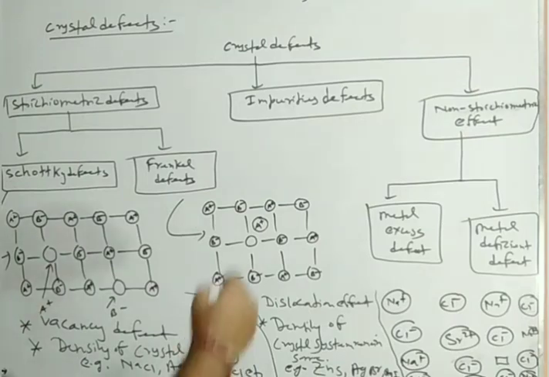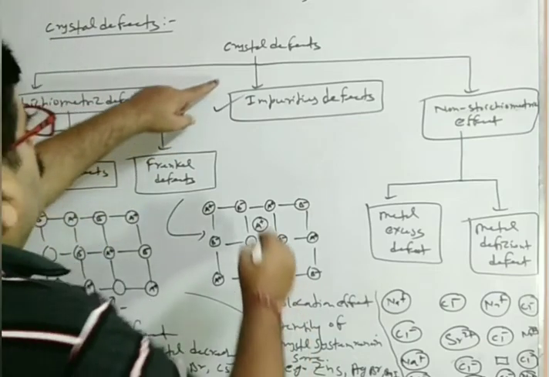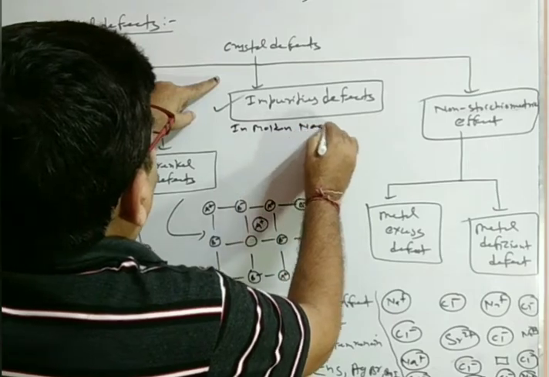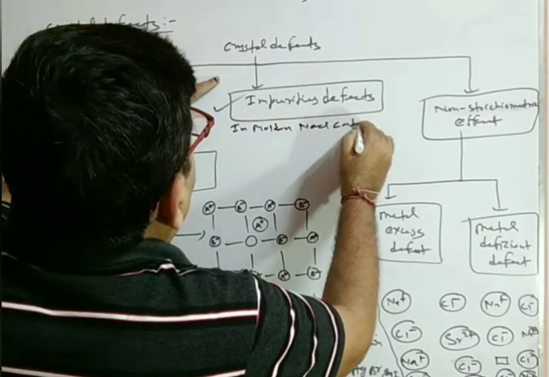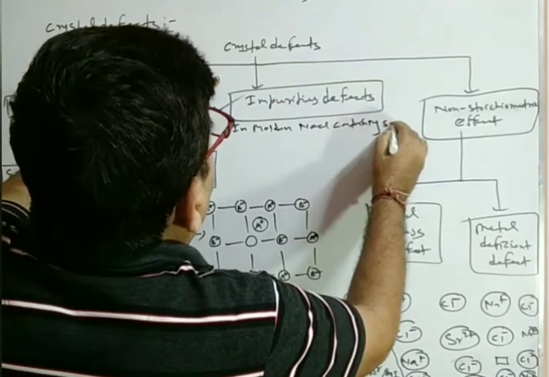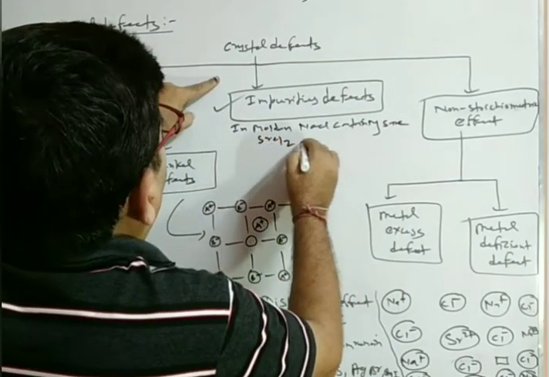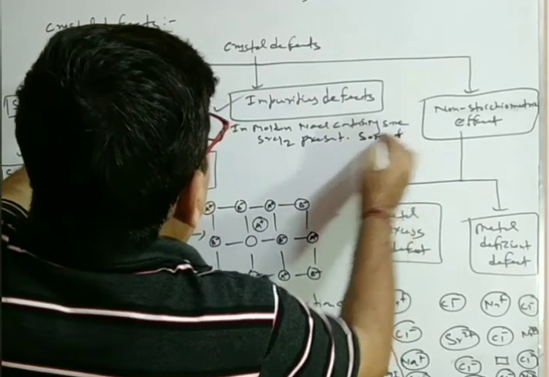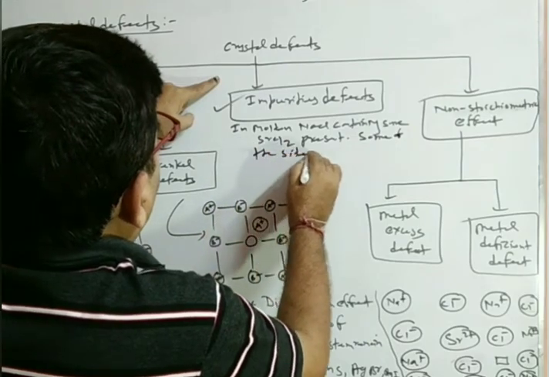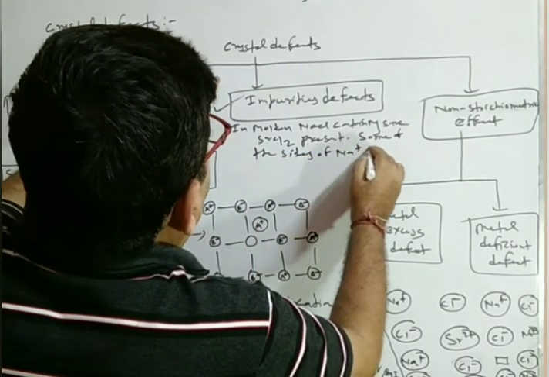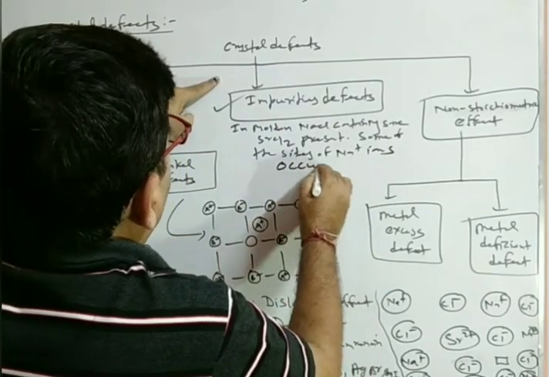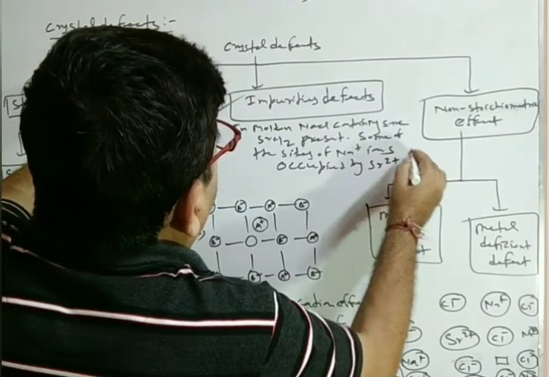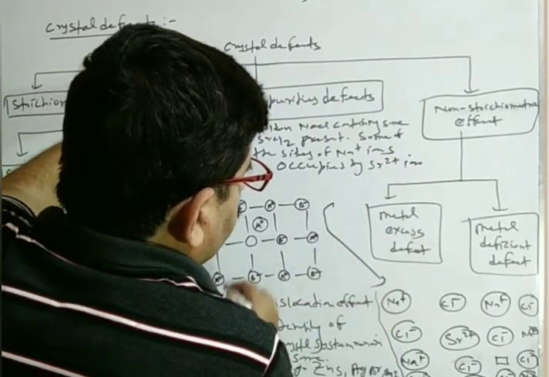The next defect is said to be impurity defect. In this defect, in molten NaCl containing some strontium chloride, some of the sites of Na plus ions are occupied by strontium ion. Consider this figure.